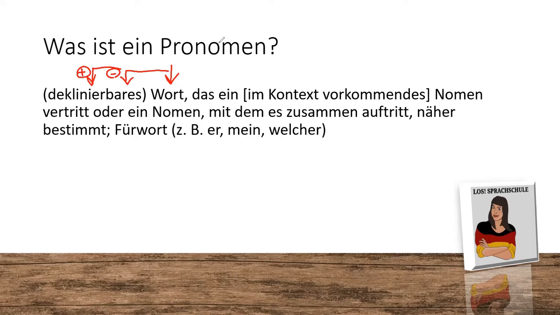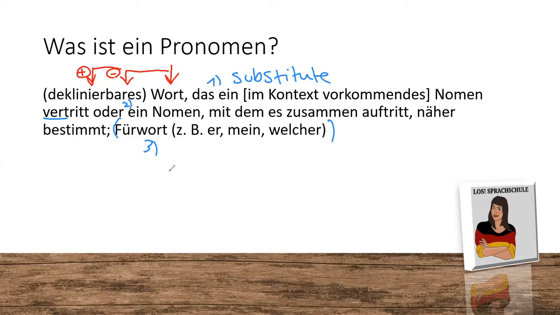And those pronouns have two or more functions. The first one is that they substitute a noun that we know from context. So vertreten, to substitute it. Or number two, it explains further a noun which is in the same statement together with a pronoun. Or also a Fürwort, but we don't need this right now.